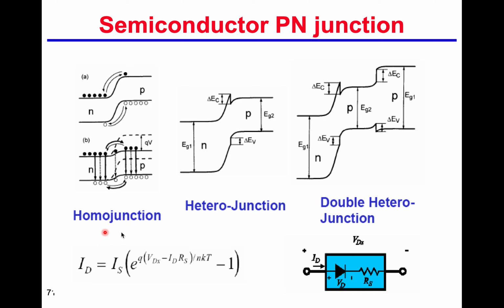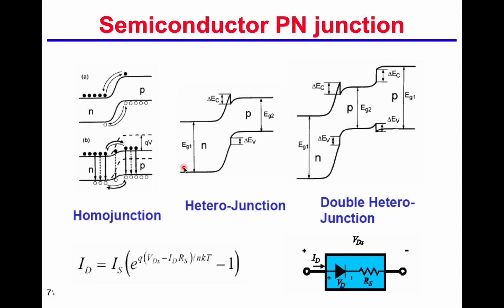So we call that the homojunction. But if we supply too many holes, the holes may go from the anode into the depletion region, into the N-type material, and possibly they will go to the cathode, and that will result in leakage.